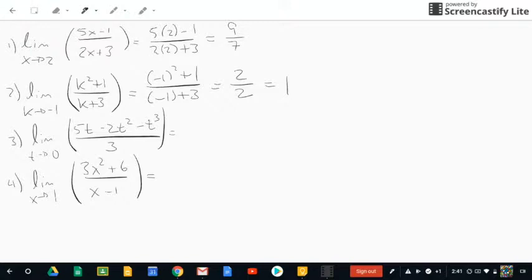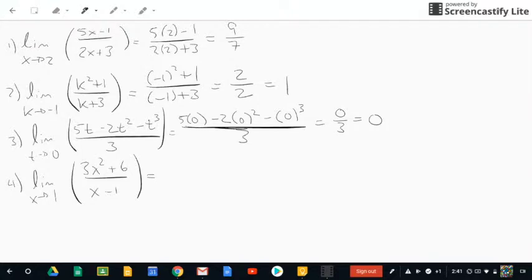In fact, if I plug that in, I'm going to get 5 times 0 minus 2 times 0 squared minus 0 cubed, all over 3. Well, that numerator is just going to be 0 minus 0 minus 0. So it's just going to be 0 over 3. Now, that's not a problem. That is 0. Perfect.